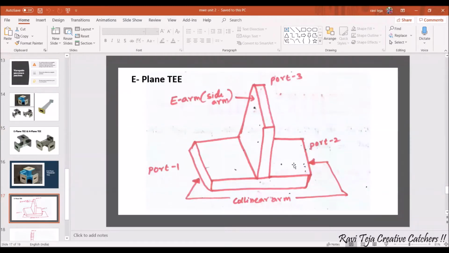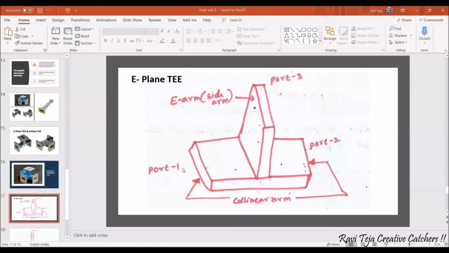Whenever two ports are on the same line, we can also call them collinear arms. Each port here we are considering as one arm. So how many arms do we have for an E-plane T? Three. Each port is considered as one arm.